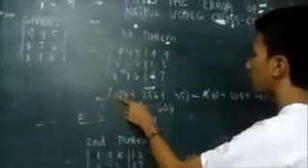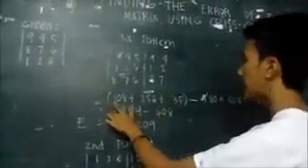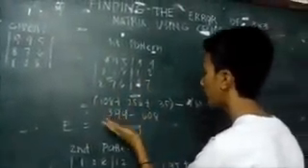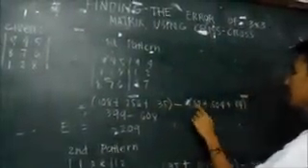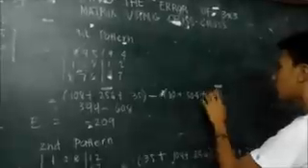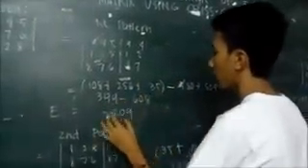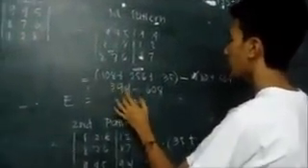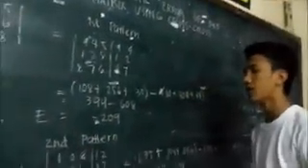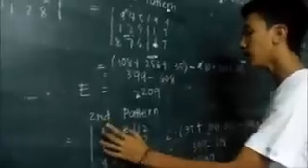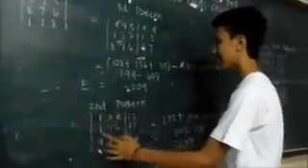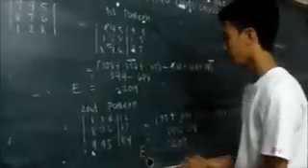We will add the diagonal products. 108 plus 256 plus 35 is equal to 399. 504 plus 80 plus 24 is equal to 608. We will subtract 399 from 608. The result is 209. Our second pattern is 1, 2, 8, 8, 7, 6, 9, 4, 5.